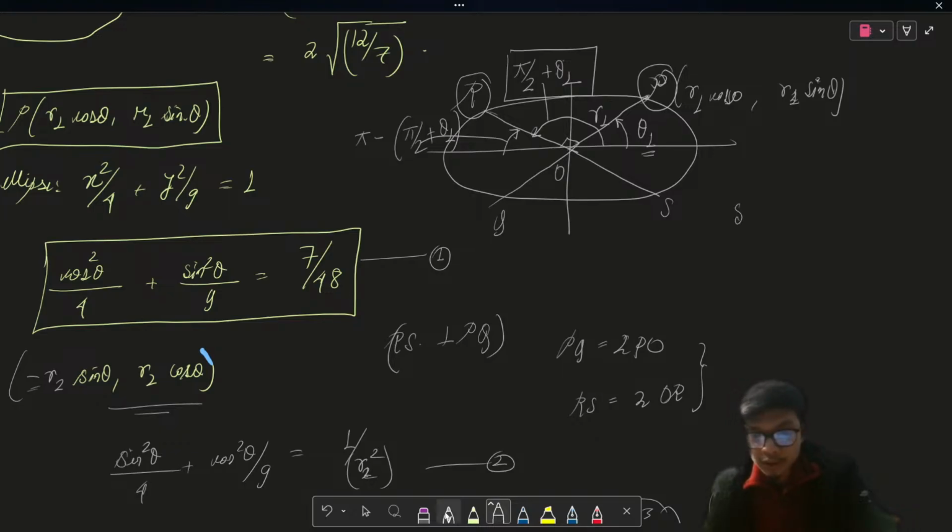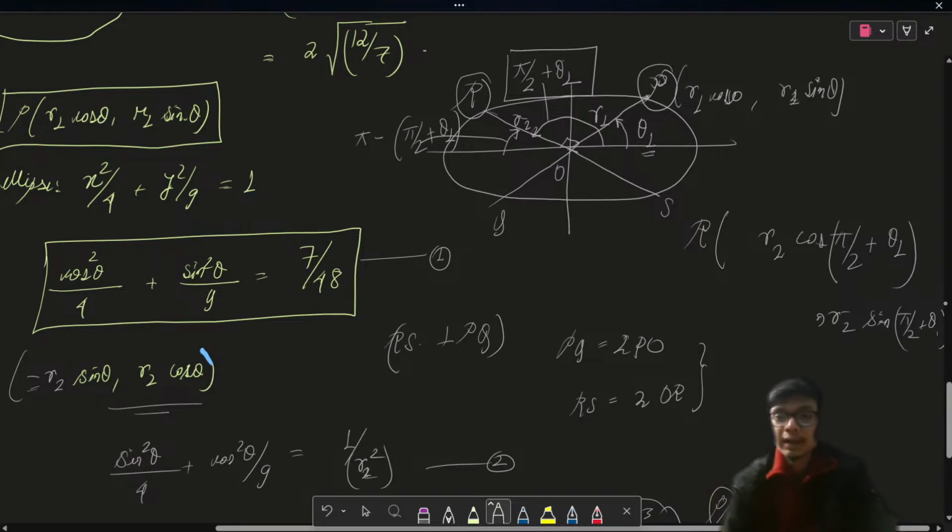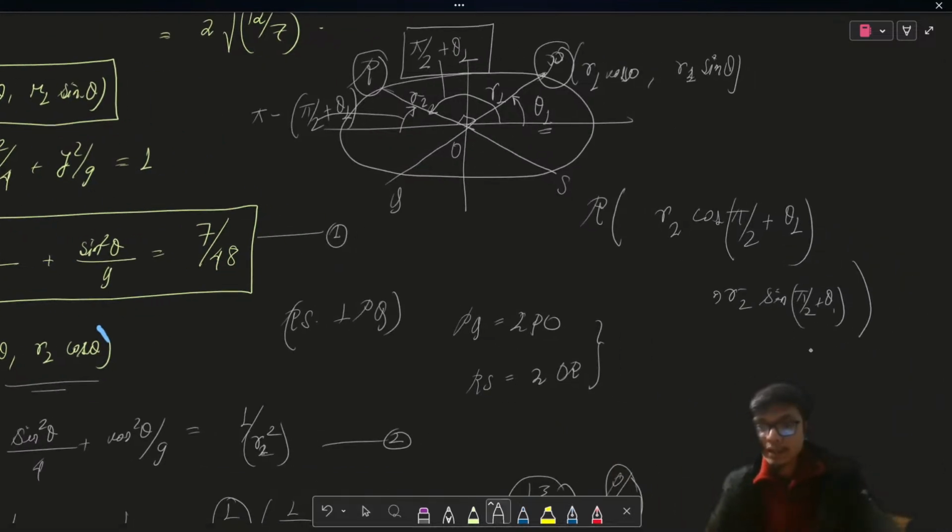Now for this point R, the radius is R2, so R2 times cos of pi by 2 plus theta 1, comma R2 times sine of pi by 2 plus theta 1. Cos of pi by 2 plus theta becomes negative sine theta 1, and sine of pi by 2 plus theta becomes cos theta 1, right? So from here we can assume our point R as follows.